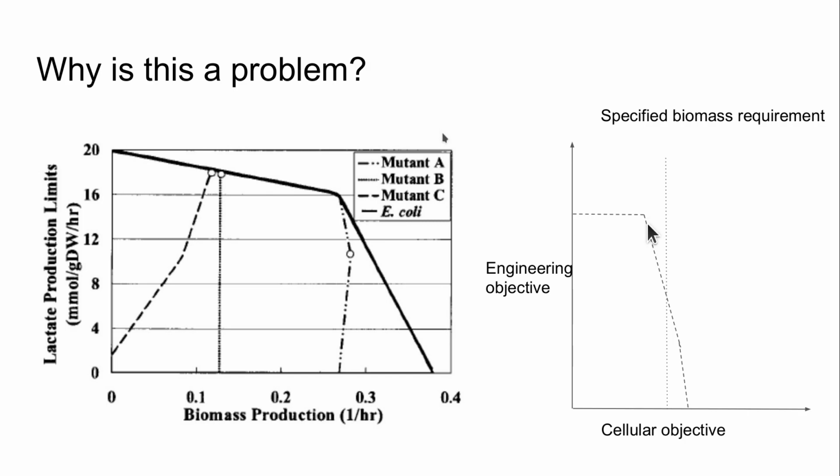And if we just blindly set this biomass requirement, we might miss out on good strategies because we don't know what this region looks like. So we want to identify what the possible outcomes we could get from our engineering strategies before we really set the hardest constraints on our problem.